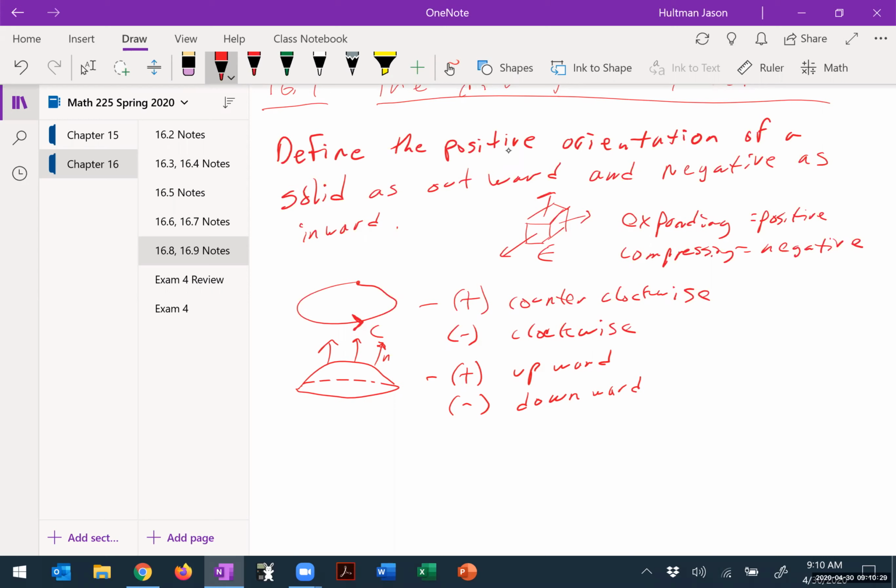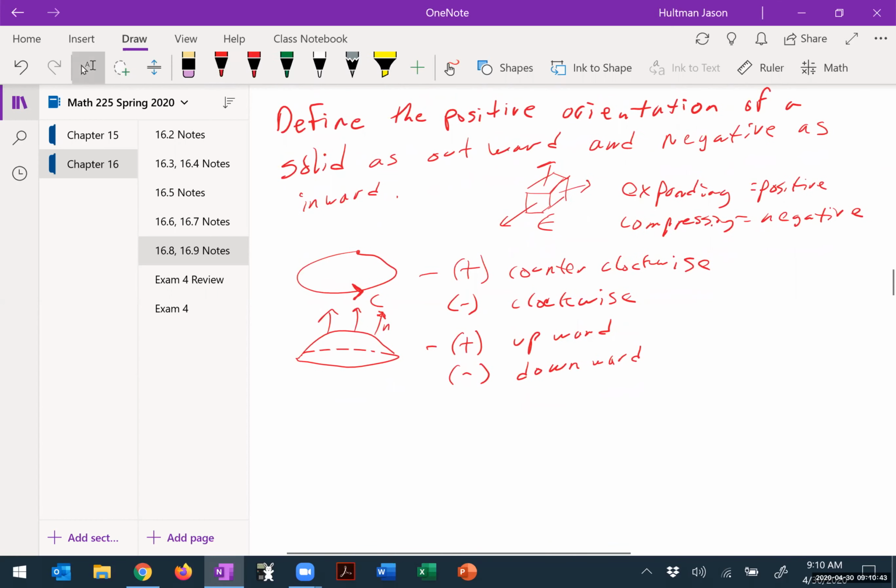Now, for a solid, we're moving from one dimension to two dimensions and now into three dimensions. So we talked about a line, in quotation marks. It's not really a line, it's a curve.